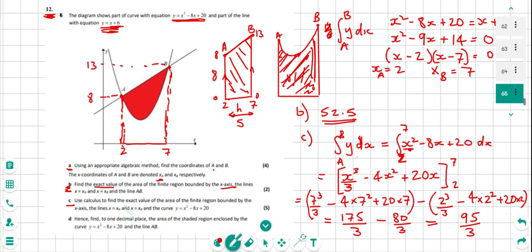And because we're asked to find the exact value, we don't want to convert this into a decimal because it would be a recurring decimal. We actually want to leave it like that as a fraction. So these are our two values. This was the area under the trapezium, and this was the area under the curve.